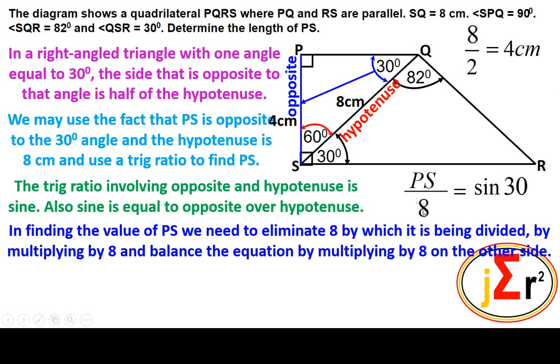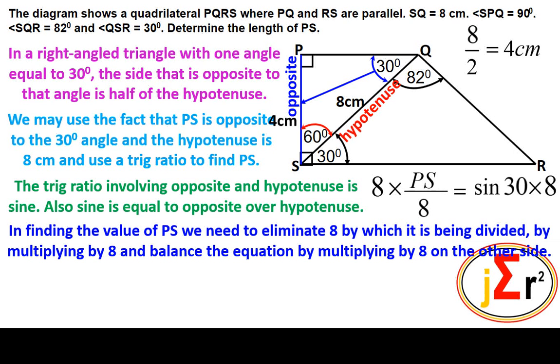Since we are dividing by 8, we will do the opposite of dividing by 8, which is multiplying by 8, in order that we may eliminate this 8. We cannot just do that to one side of an equation. We also need to do that to the other side in order that its value will change in the same way, which is balancing the equation. So we will multiply by 8 on the right-hand side also.